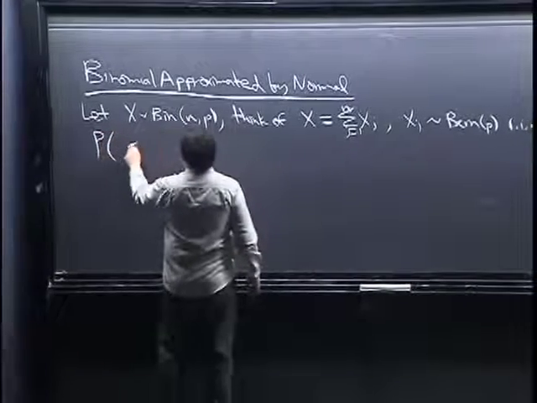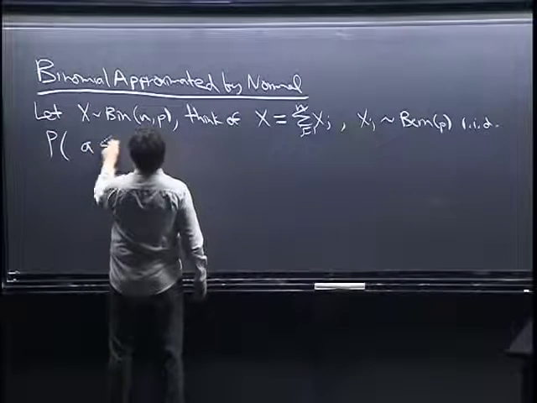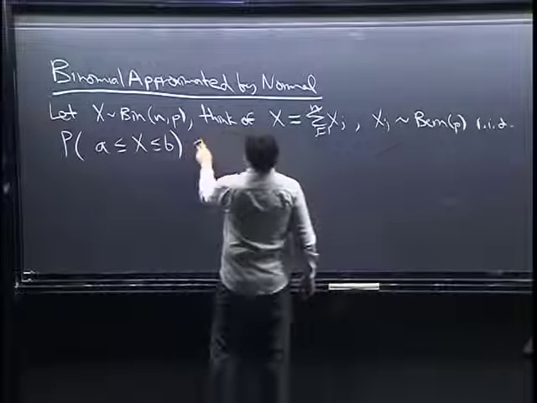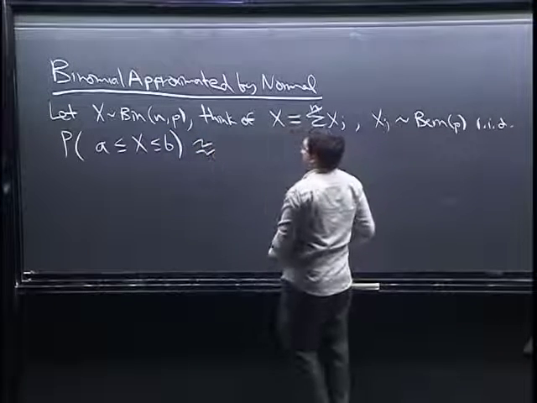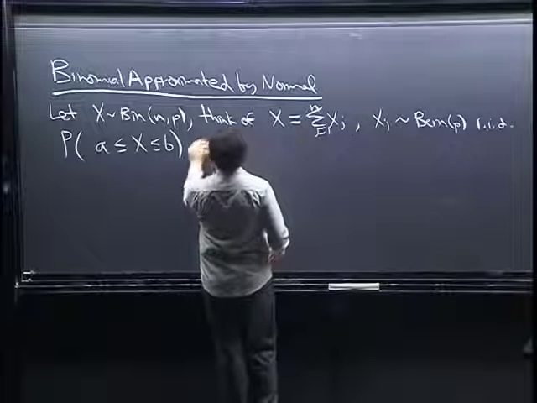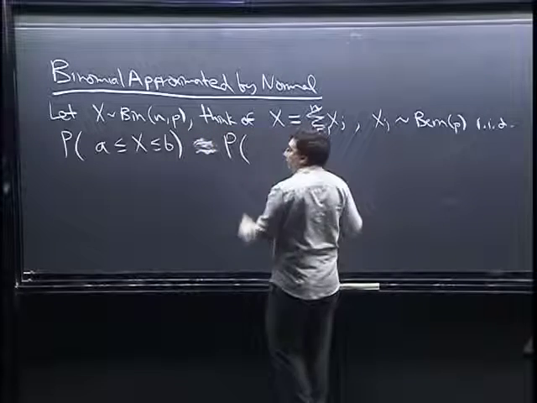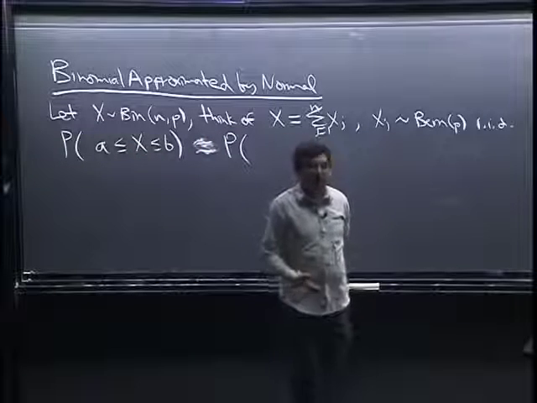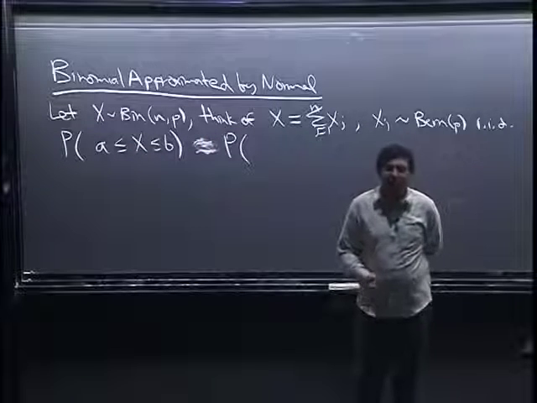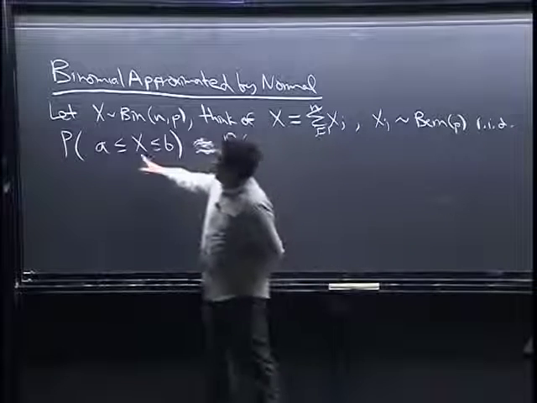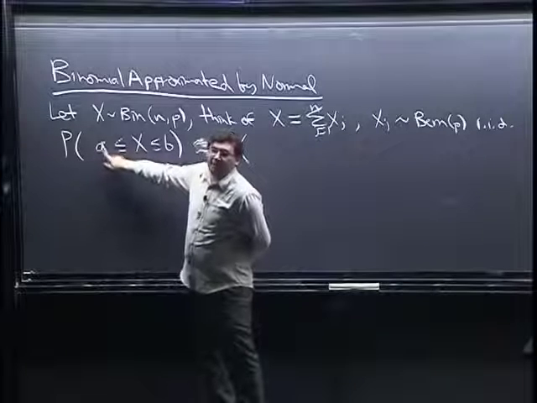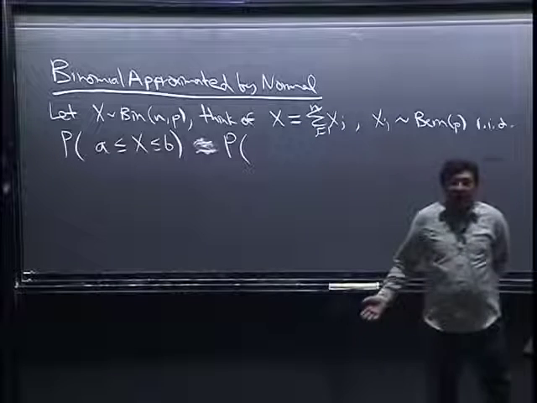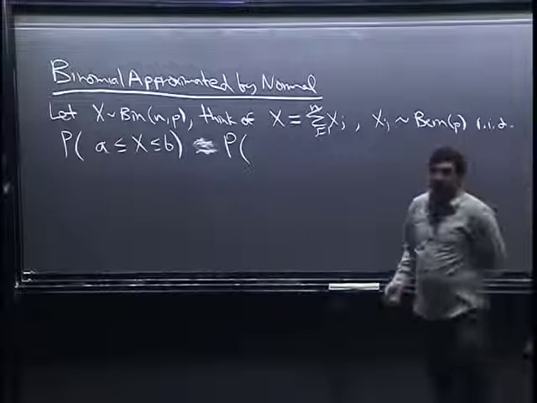Okay? So suppose we're interested in the probability that X is between a and b, and I want to approximate that. First we'll do equality, then we're approximating that. If you had to do this on a computer, or by hand, which you wouldn't want to, you would take the PMF and sum up all the values of the PMF from a to b. You would not want to do that by hand most of the time.